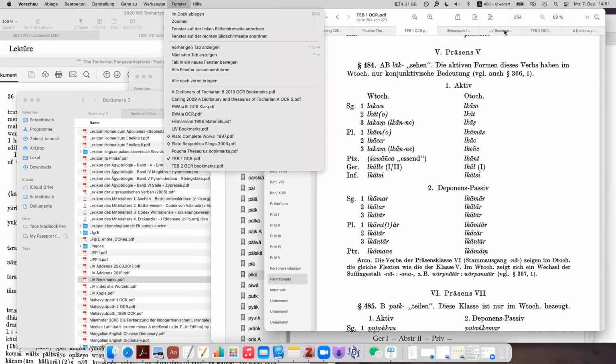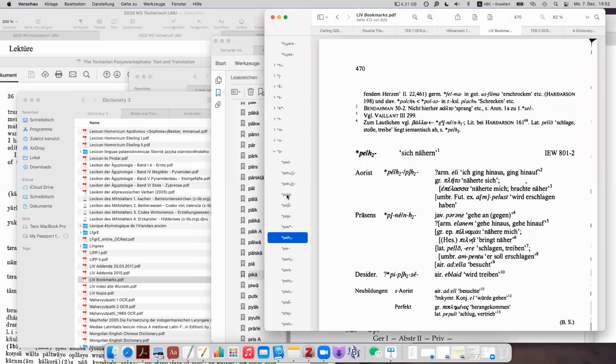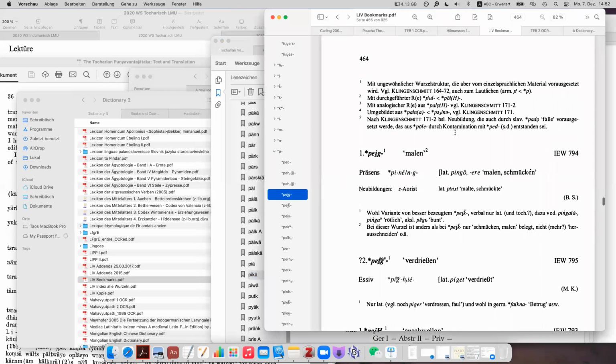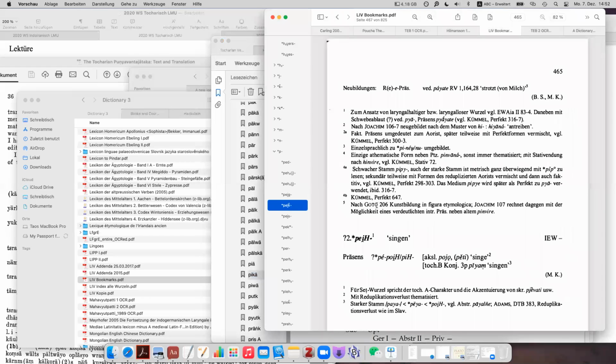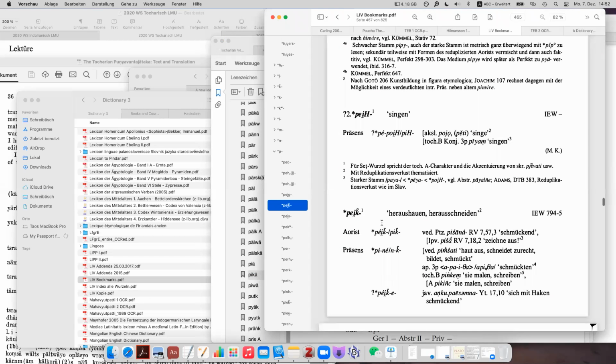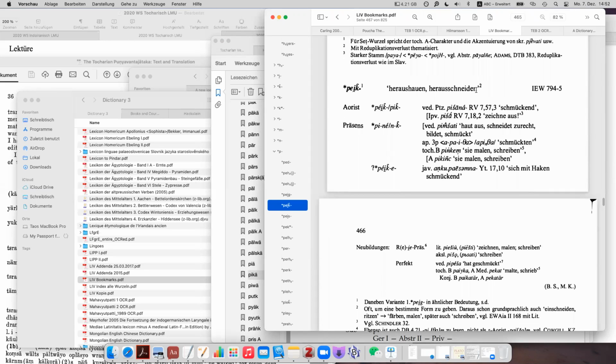Or we can check the Indo-European dictionary. It's pretty easy. Either this word is cognate with Latin pingo or pingere, right? Or it is connected with this root called pake, which originally means schneiden or hauen.